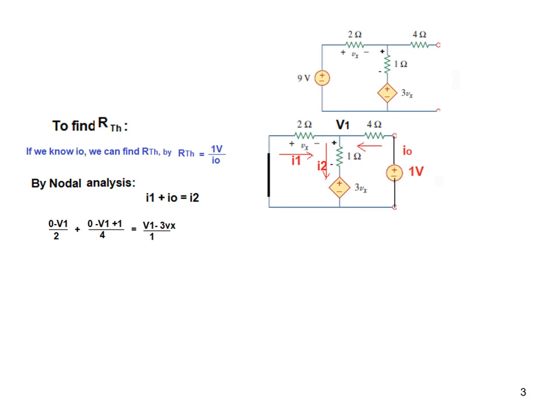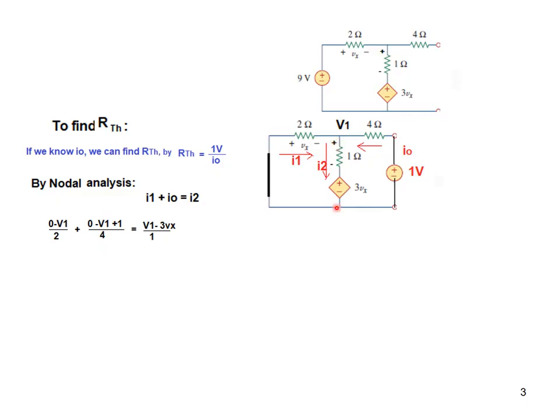divided by 4. Now this is important that you understand that this source is adding. If it is adding, you add. If it is subtracting, you subtract. Since the current due to this source will also go up, which is the direction of I0, therefore we are putting a plus sign.